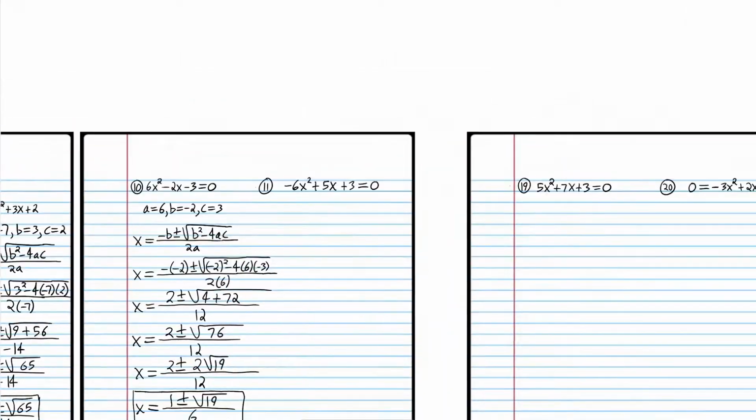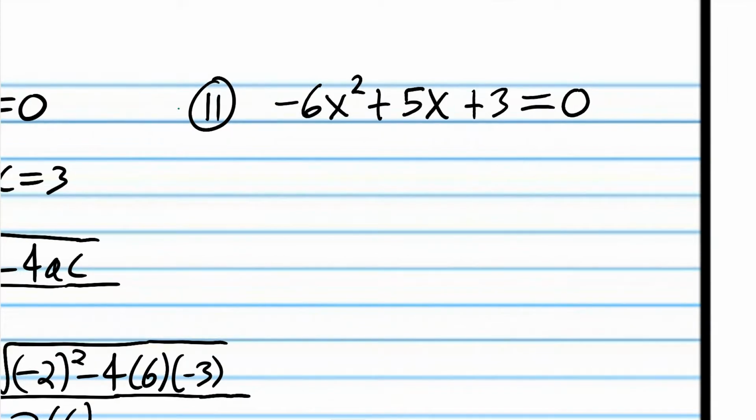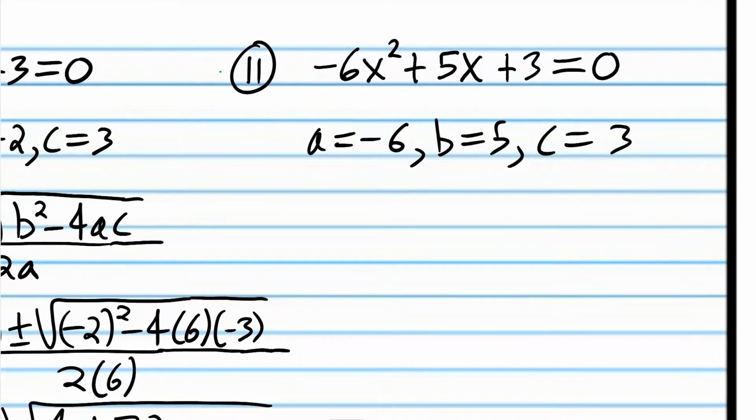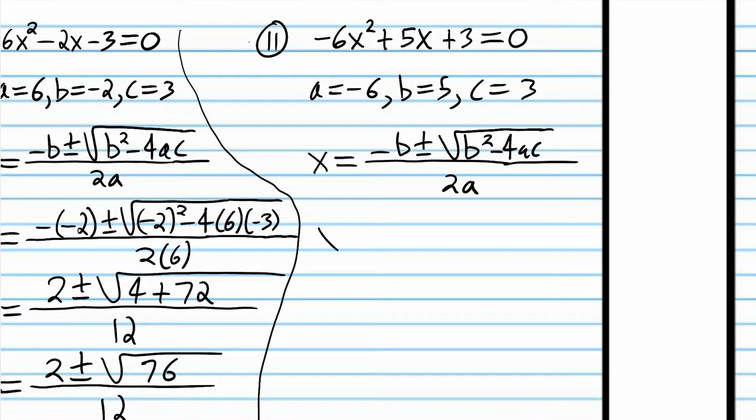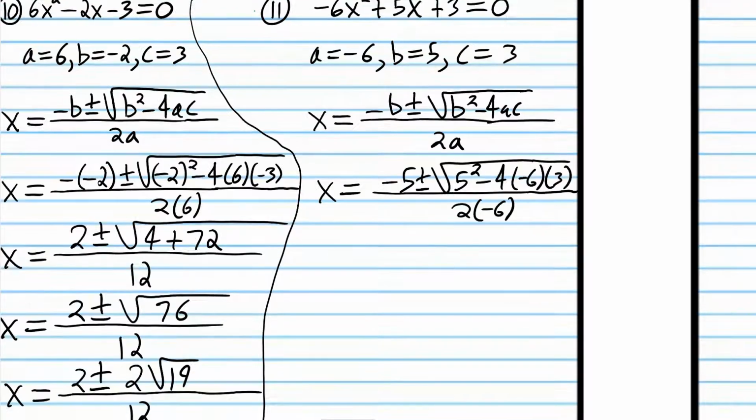All right, we're back. So I'm going to label the constants, and I'm going to write the formula. And we're just going to plug in numbers. So negative b plus or minus the square root of b squared minus 4 times a times c, all over 2 times a.